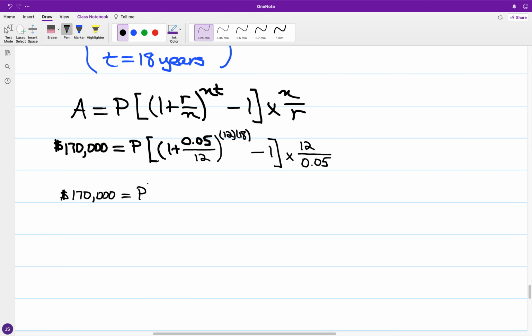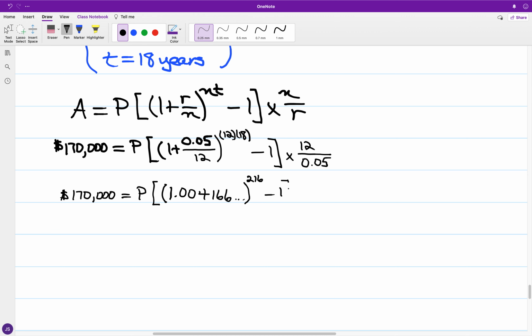So you have, again, 170 grand is equal to P times, inside parentheses, we have continuous decimal places, and for what we have in the mix, you have 1.0041, and the sixes will repeat, and we have rather large exponents, so 12 times 18 becomes 216.